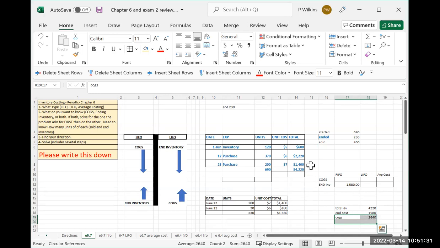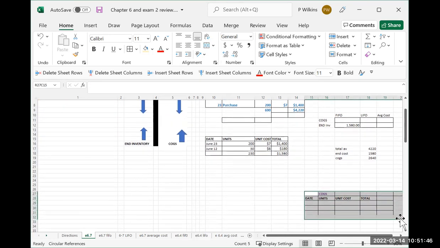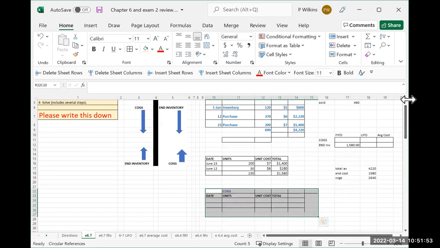So we're going to follow. Cost of goods sold for FIFO is the top down. So we're going to go from the top down until we get to the number sold, which was 460. Top down until we get to 460. Okay. So let me move this up a little bit because it's down a little bit far. You want to be able to see that blue part there.